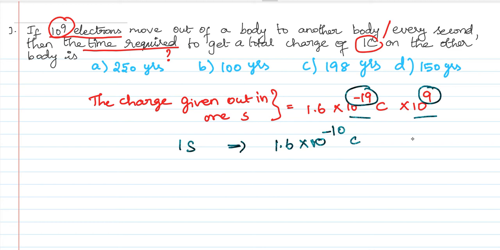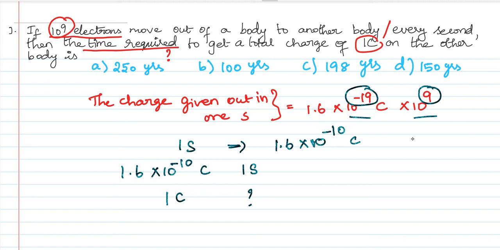So for 1.6 into 10 to the power of minus 10 coulomb, the time required is 1 second to come out of the body. What is our question? For 1 coulomb to move from one body to another body, how much time will it take?